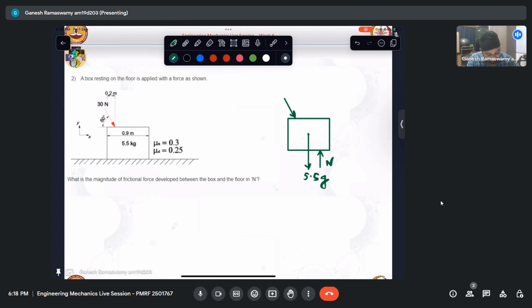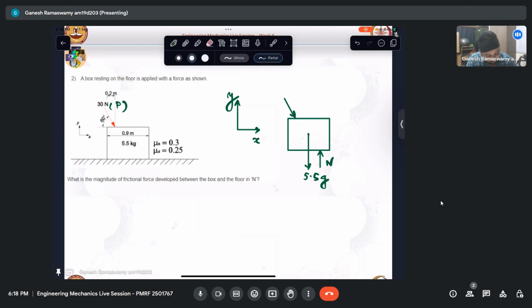And then I can resolve this force into two components. Let us take this to be X, this to be Y. Now this angle is given to be 60 degrees. In which case I can resolve this P into rectangular components.